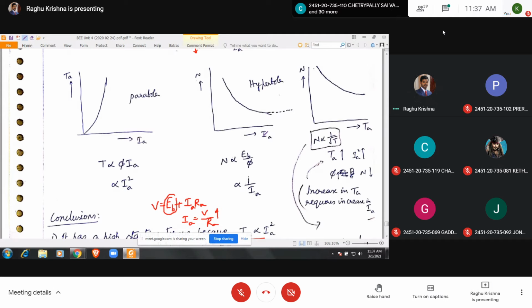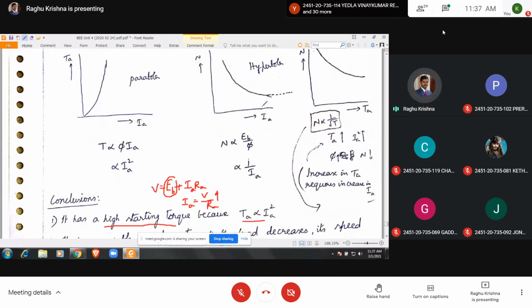As the current increases, speed decreases. Suppose the load decreases, then automatically current decreases. So keep in mind, what is a motor? If you take a motor, what is the input? Electrical power input. And what is the output? Mechanical.